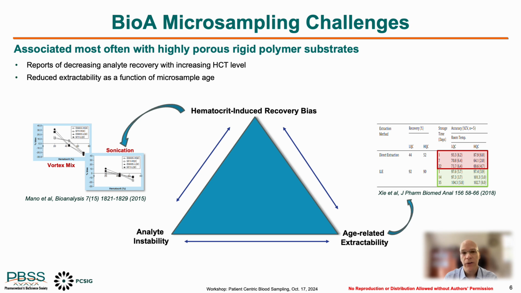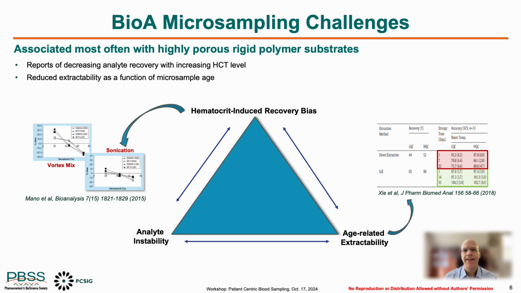And because our internal standard is not on the sampling substrate, it cannot compensate for variability in the desorption recovery of analyte. In addition to decreasing recovery with increasing hematocrit, we've also correlated increased blood hematocrit with analyte instability for some molecules. And to convolute matters somewhat even further, an apparent analyte instability may actually be age-related extractability.